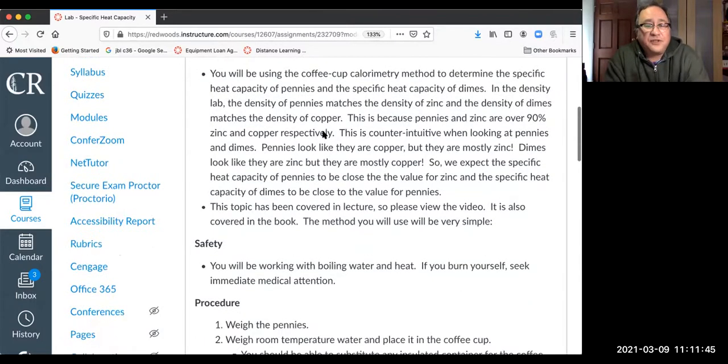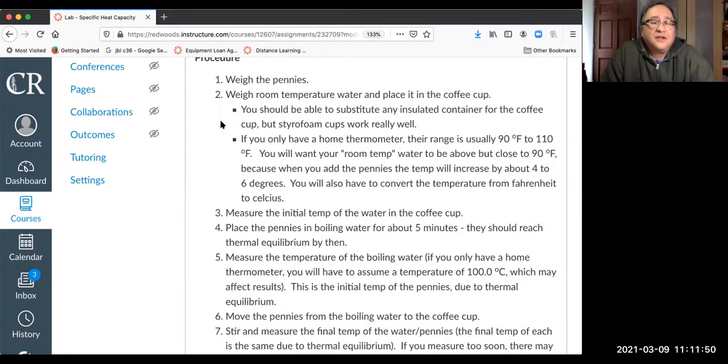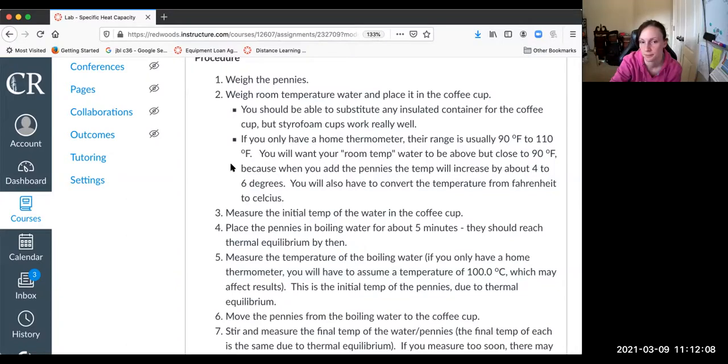And for the procedure, I tell you, hey, weigh your pennies, weigh some room temp water, place it in a coffee cup. Any insulated container should be fine, but coffee cups work really good, styrofoam cups. You should have a thermometer in your kit. Yeah. And that should work.